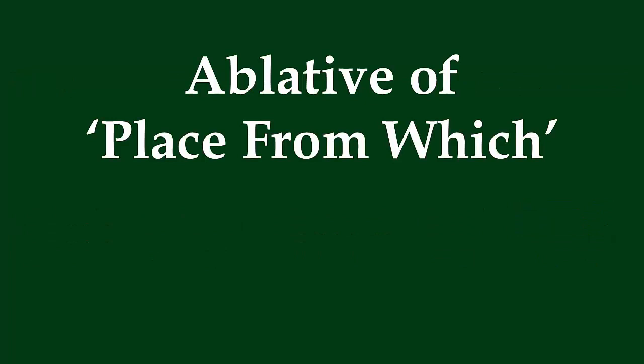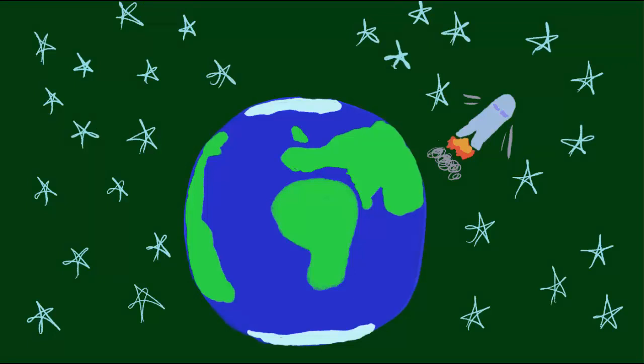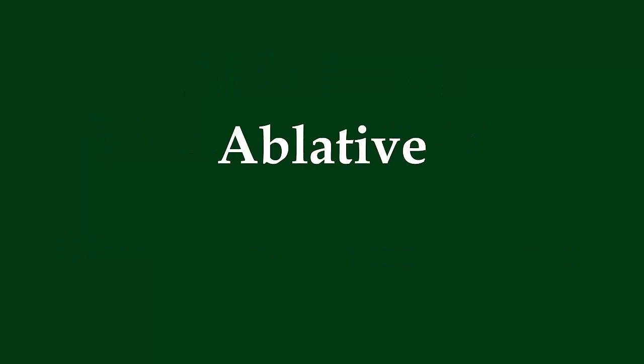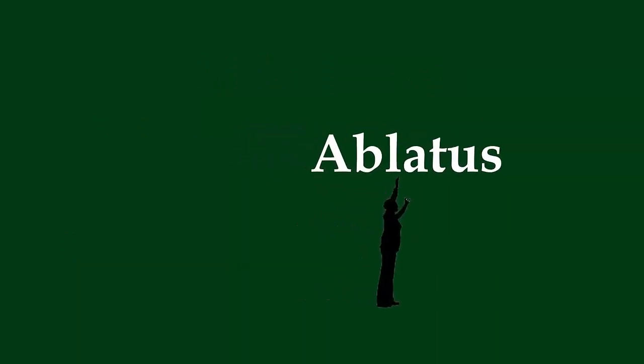It quite literally tells you the place from which a person or thing has come. In other words, it deals with motion away from something, or the idea of separation from a place. This idea of separation is a key aspect of the ablative case, and in fact, the word ablative comes from the Latin word ablatus, which means carried away.